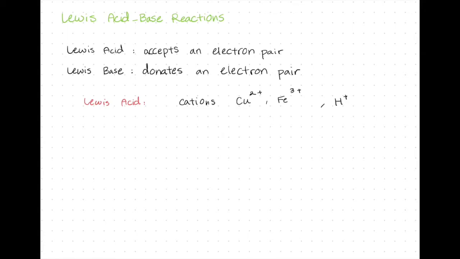And another type of compounds are atoms or molecules that have an incomplete octet of electrons, such as BF3 or AlF3. If you draw the structure of BF3, it looks something like this. And there are no electron pairs on the B in the center, so that makes it a Lewis acid, and it wants to accept an electron pair from the Lewis base.